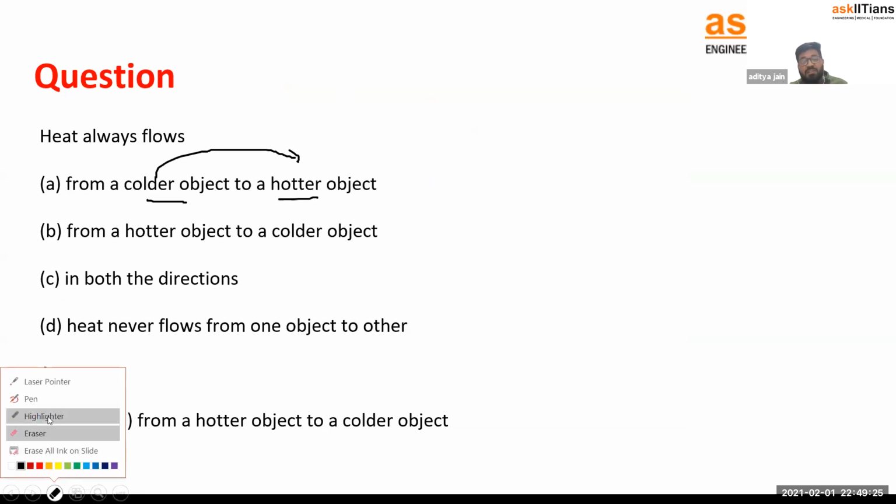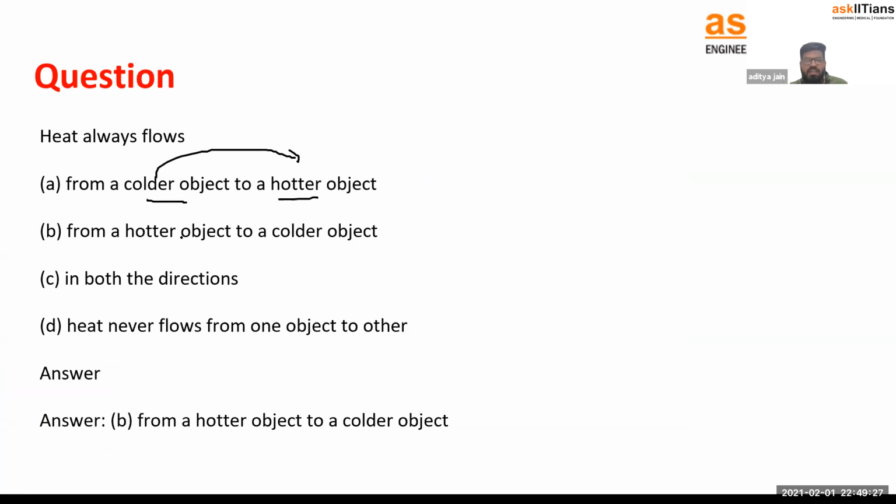Heat is always transferring from a hotter to a colder object. Hotter to colder object. Remember. You will remember it for a long time, because I have made the mistake deliberately. So this option will be correct. Heat never flows is wrong. Both the directions is wrong. Colder to hotter is wrong. So the correct option is B, hotter object to colder object.